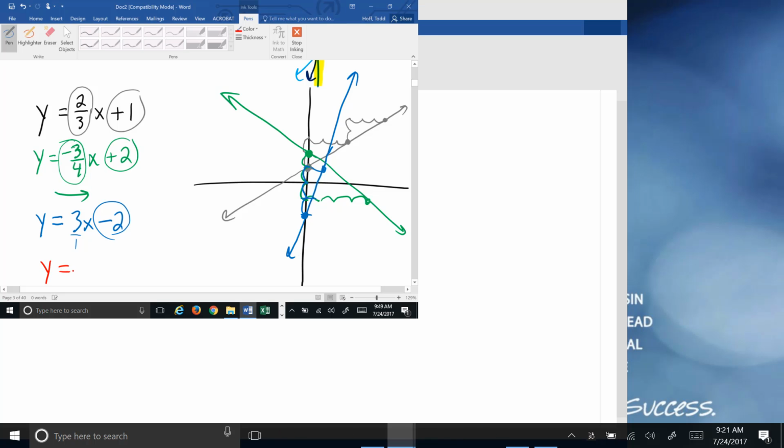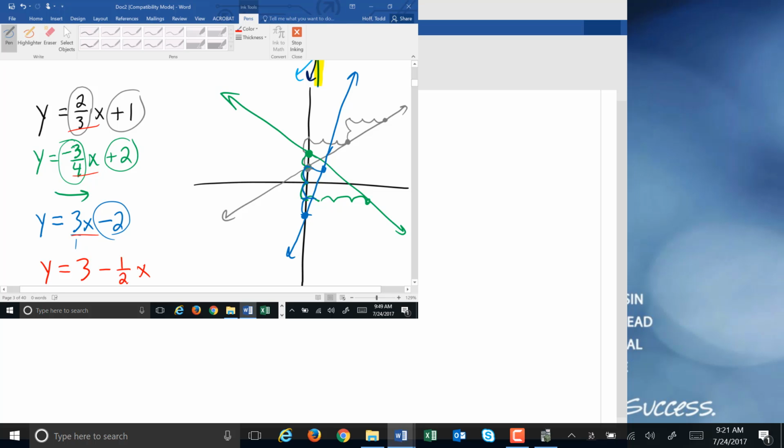How about if I have y equals 3 minus 1/2 x? Where does this one start? Careful. The -1/2 is multiplying x, isn't it? Notice up here, x was always the first thing in each equation.